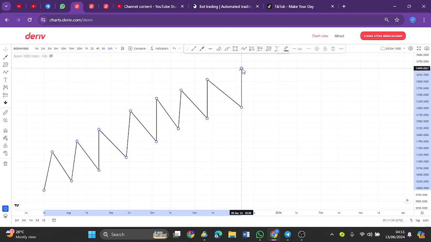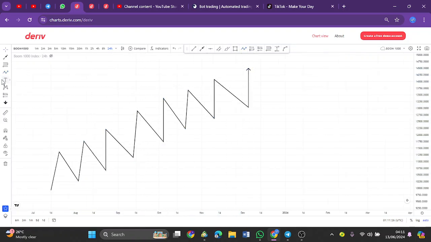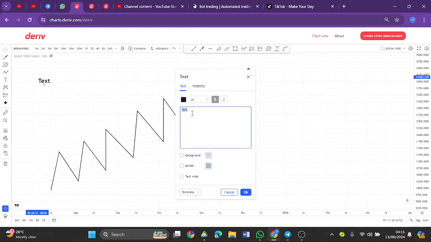Once you identify the uptrend, these are the steps you need to follow. Step number one, you should be able to tell the market direction.